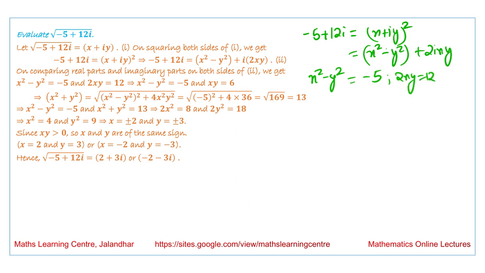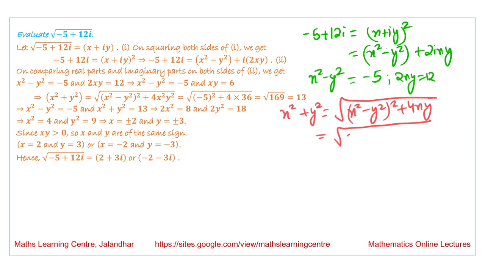Now using the formula, x square plus y square is equal to the square root of (x square minus y square) whole square plus 4xy whole square, we obtain the square root of 25 plus 144. So the answer we obtain is equal to 13.